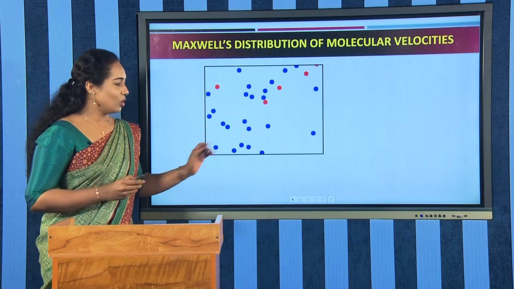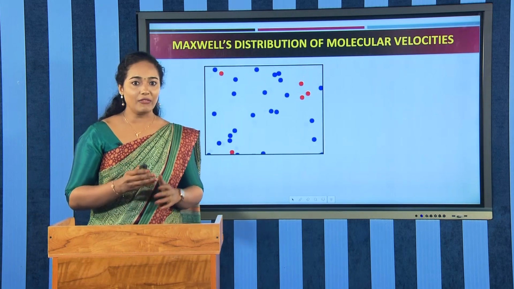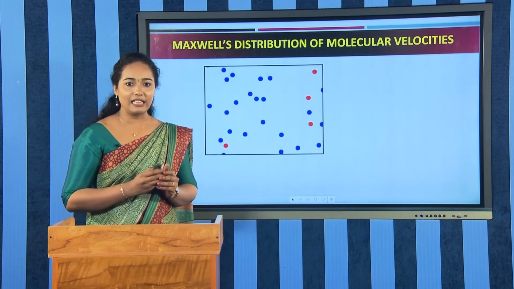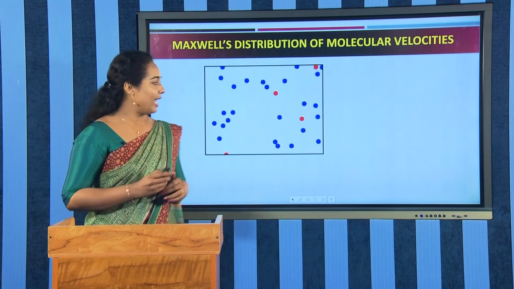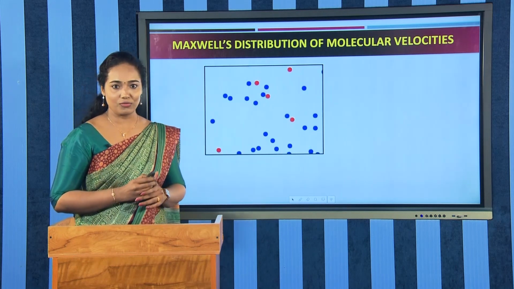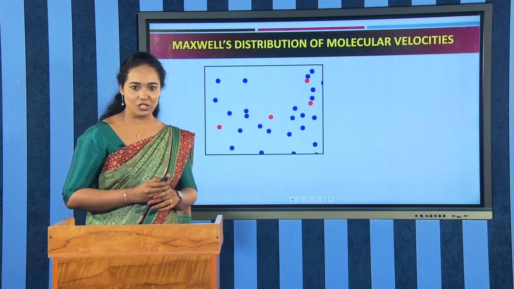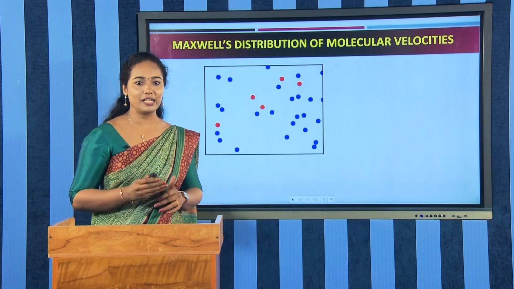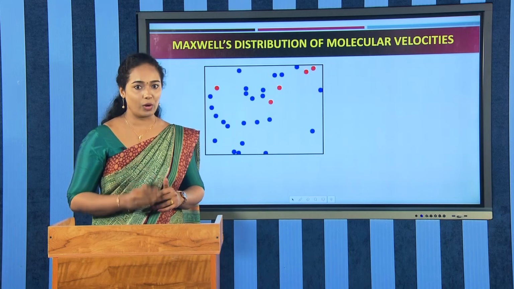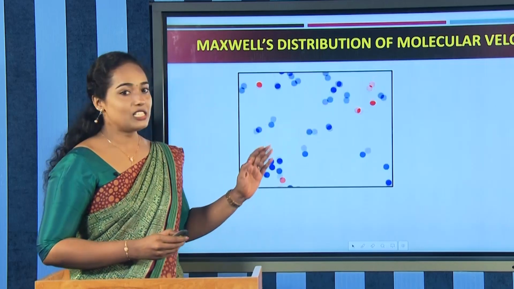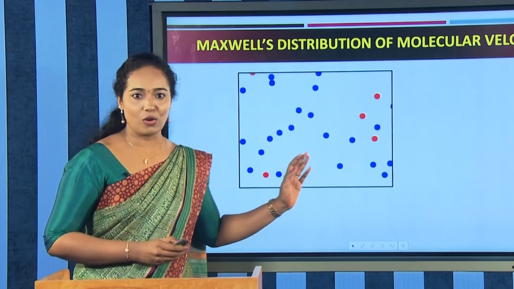You can see over here, we have a closed container, and in this container we have n number of gas molecules. If we examine the speed of different gas molecules in this gaseous system, we could see that the speeds of individual molecules are different and distributed over a wide range, and the speeds of different molecules go on changing.